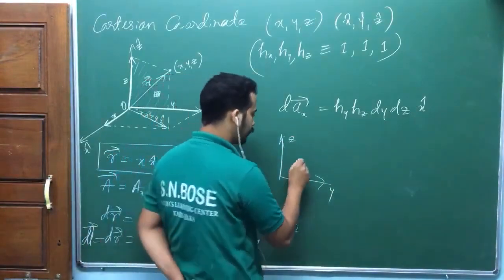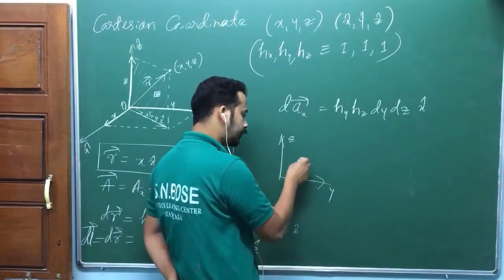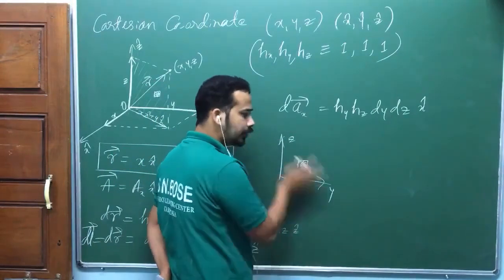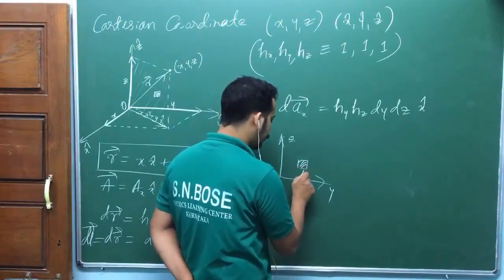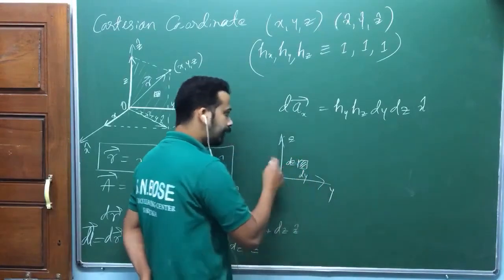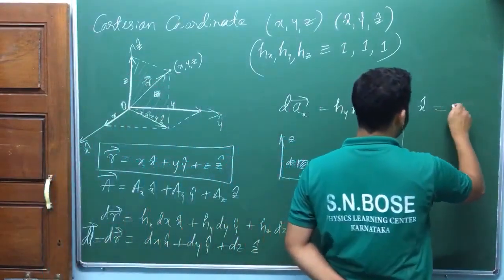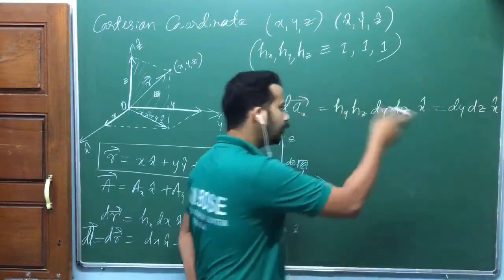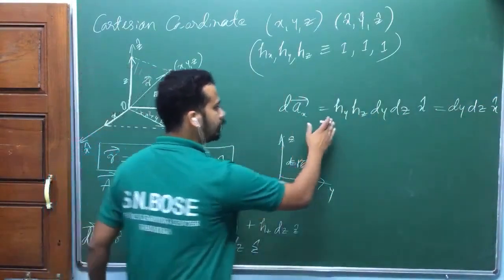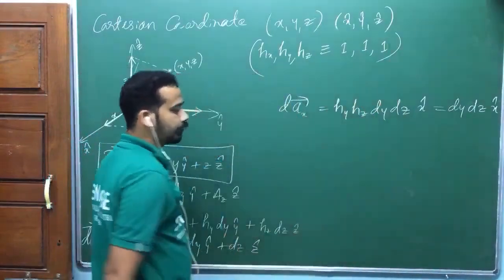If you want to define an elementary area which is along the x cap direction, that means you are defining that elementary area parallel to the zy plane. And that elementary area is dy into dz actually. So that's how it happened. Again, I defined this one logically, am I right? dy dz into x cap. Now it is better to write this one in terms of h so that when you go for the other two coordinate systems, it will be easy for us.